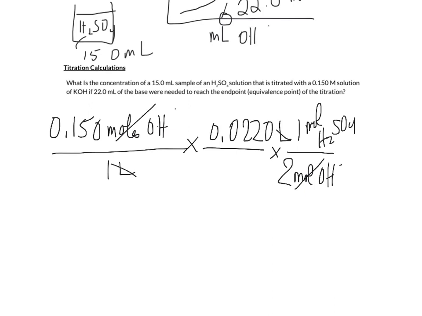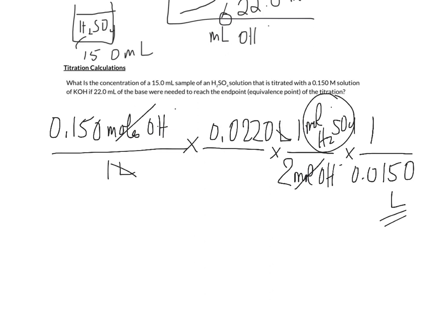And if I stopped here, my label would be moles of acid. So if the question was asking me how many moles of acid were in the flask below, I'd stop and calculate. But that's not what this is ultimately asking. This question wants to know the molarity of the acid. And here is where I'm going to divide by the sample size of my acid, 0.0150 liters, 15 mL of acid, so that I'm now going to have moles per liter as my final unit.